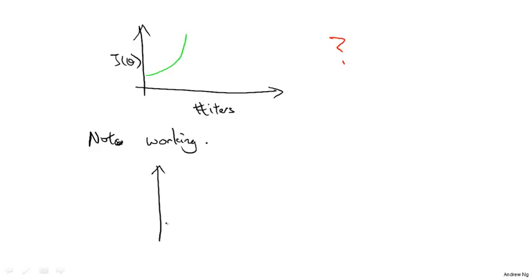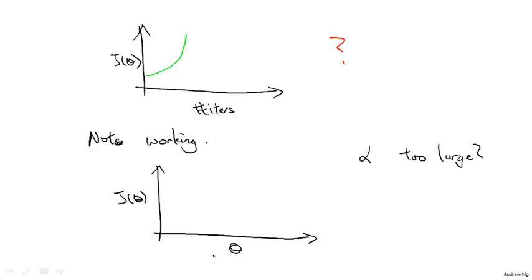Another possibility is that you are using a learning rate that is too large. If alpha is too large, you can also get things like that. In particular, if this is J of theta, notice the horizontal axis is now theta.